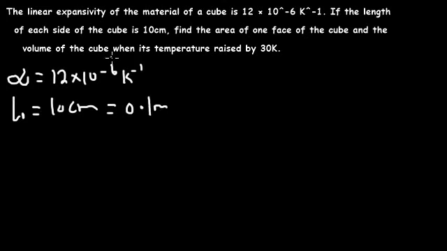Now they said we are to find the area of the face of the cube when the temperature rises by 30 Kelvin. That's simply the change in temperature. So the change in temperature is equal to 30 Kelvin.